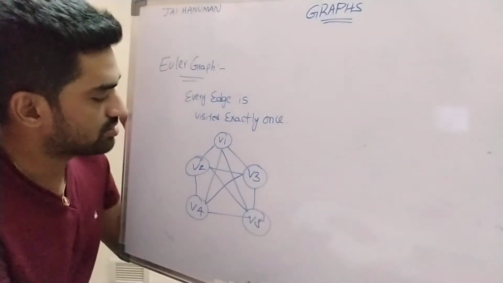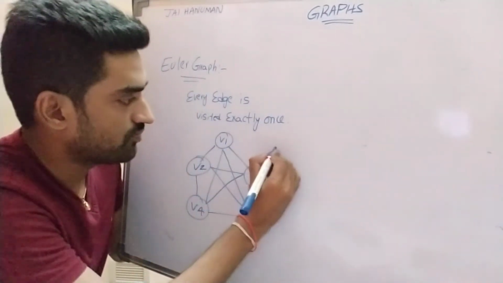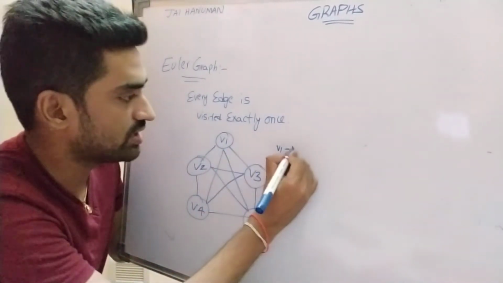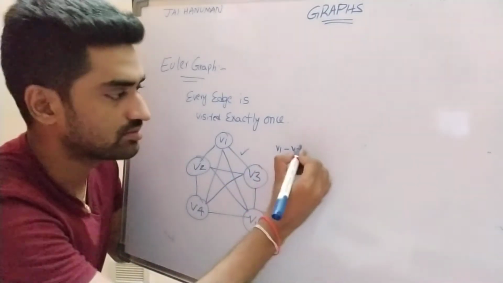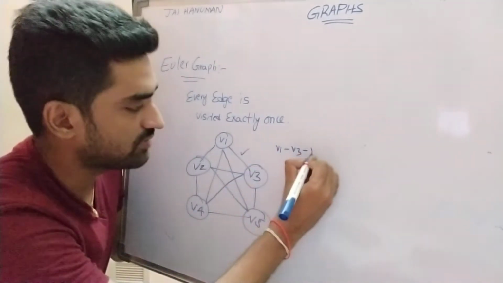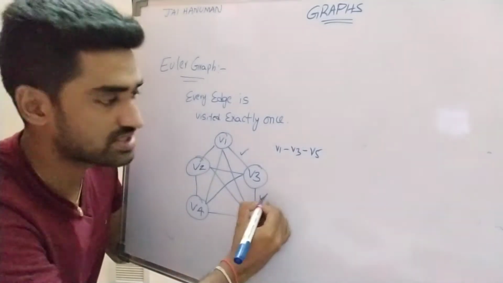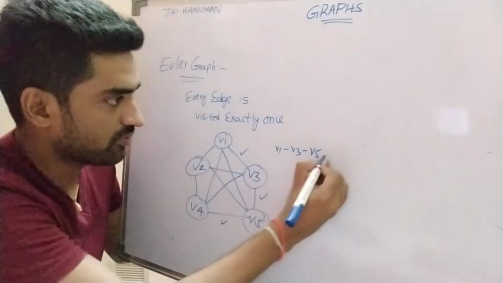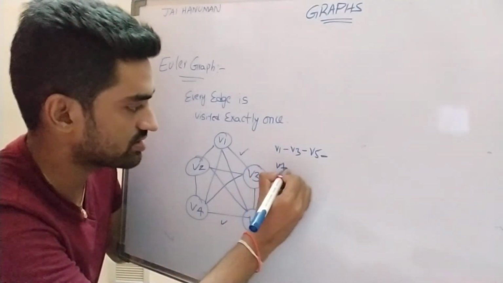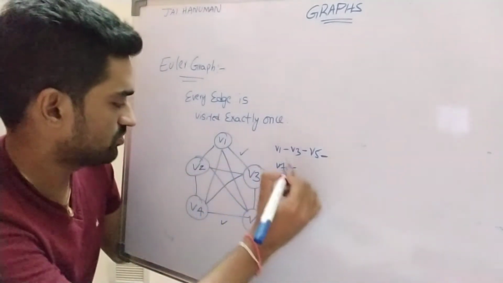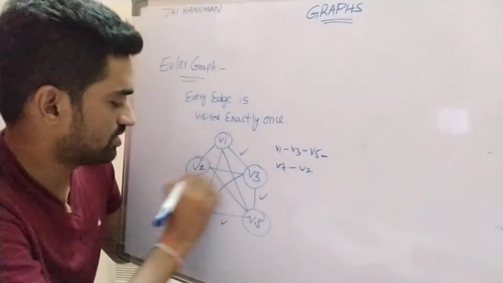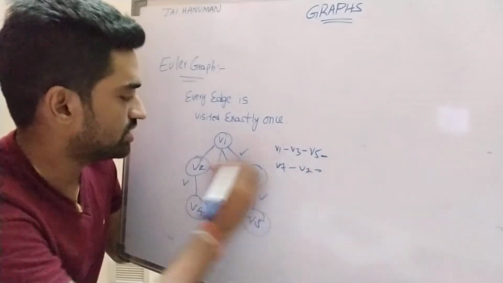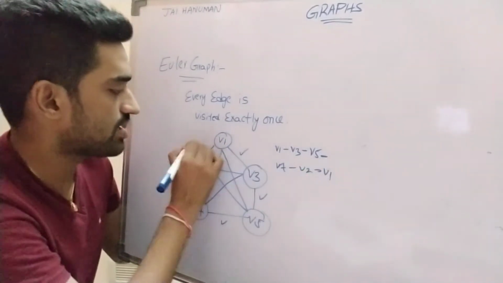Why? Because V1 to V3, this edge has been visited. V3 to V5, V5 to V4, V4 to V2, V2 to V1, these edges have been visited.